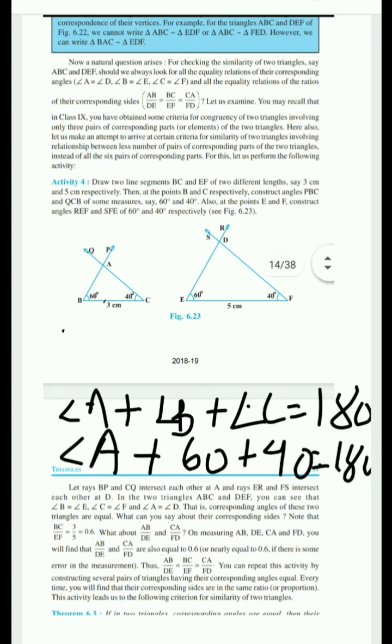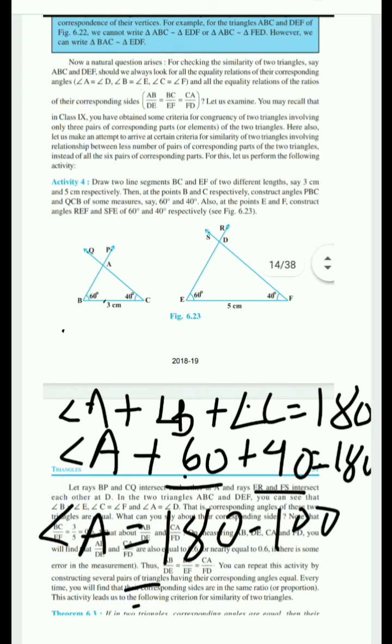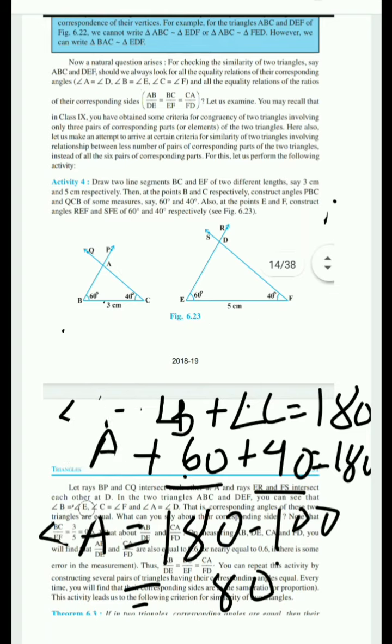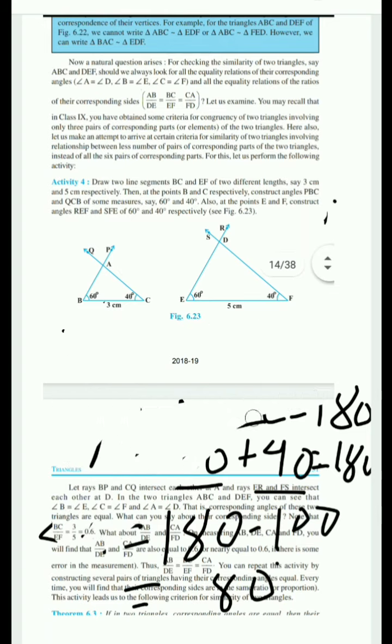If we subtract, 60 plus 40 is 100, so angle A is equal to 180 minus 100, so our angle A will be 80 degrees only. So here we found angle A as 80, and here we know this is 60, this is 40, so angle D also will be 80 degrees. Here we have proven that if two angles are the same, the third angle will be the same only. So this is about angles.